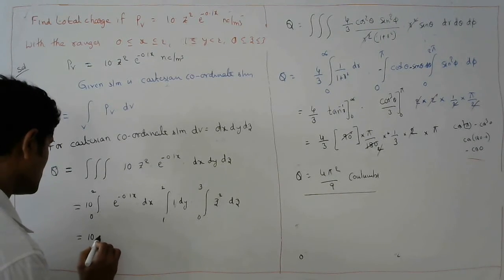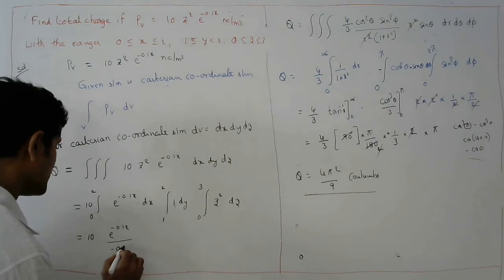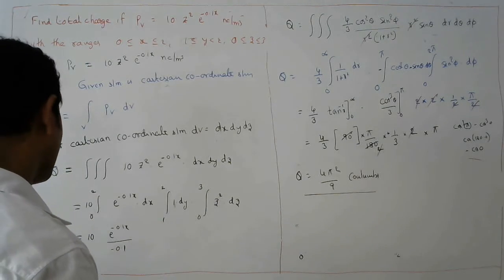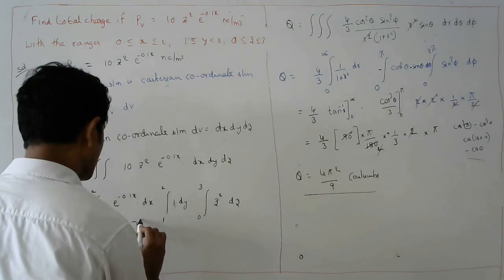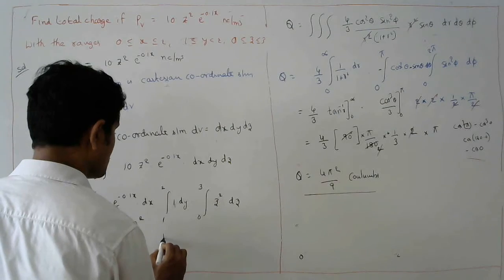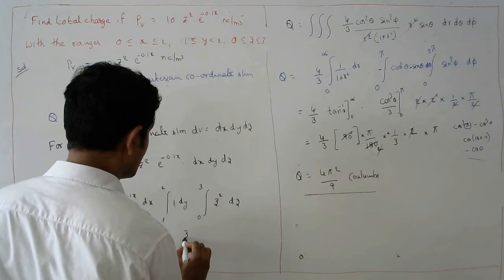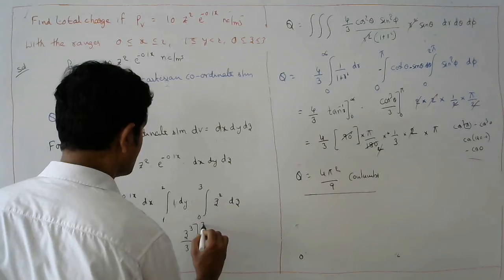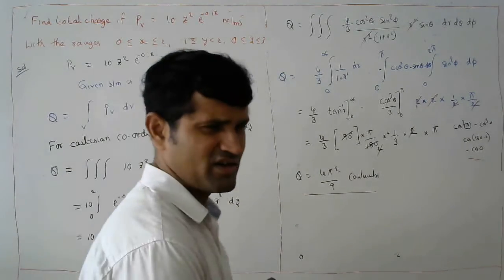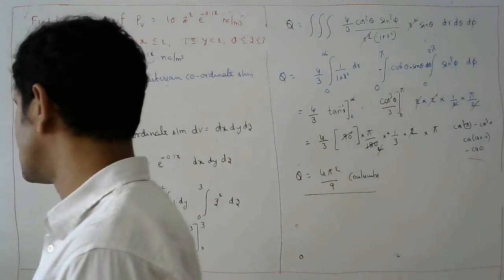So my charge will be e to the power of minus 0.1x divided by minus 0.1, with the range 0 to 2, times the integral of dy from 1 to 2, which is 1, times z cubed by 3, with the range 0 to 3. If we simplify, we get the charge magnitude.